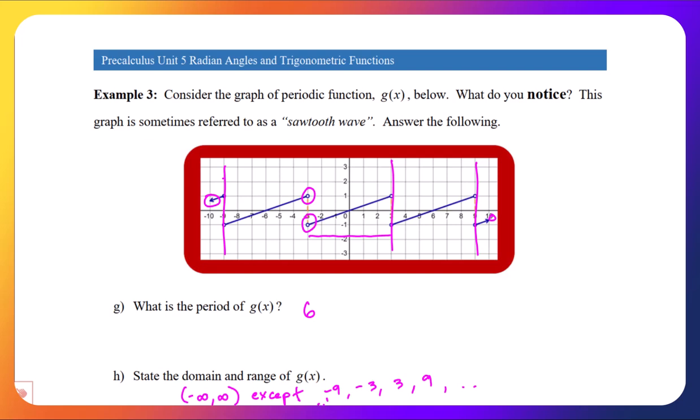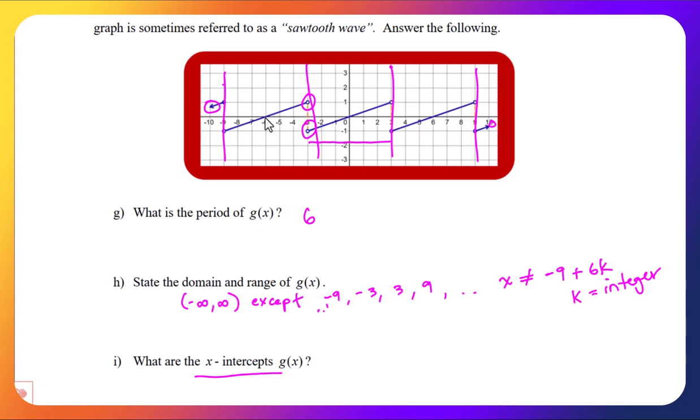But how about if we say except x, or we could say x cannot equal, and pick one of them. Like I'll pick -9, and then every 6 we skip. So plus 6k, there it is again. So if I add 6, I'll get to another number I'm going to skip. Add 6 again, add 6 again. But right, k has to be an integer, a positive or negative whole number. I can't deal with fractions or decimals.